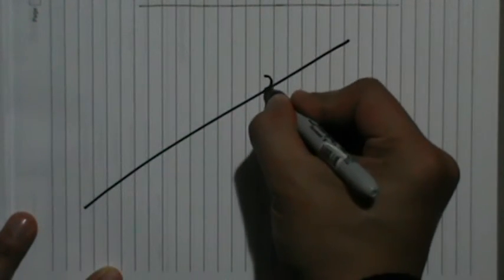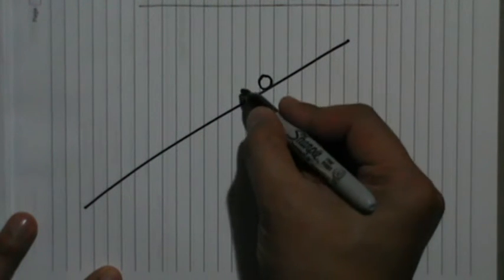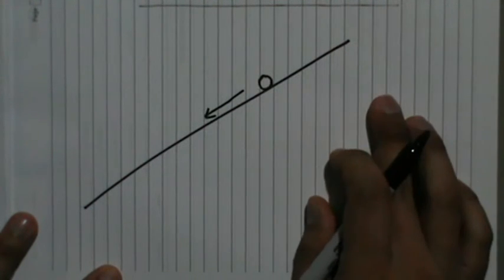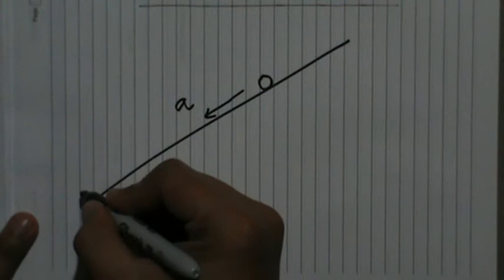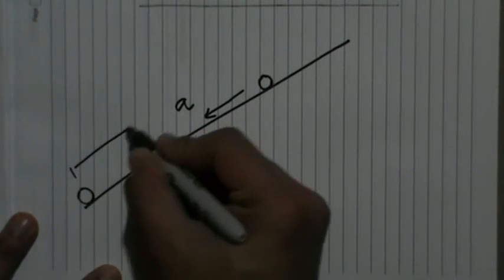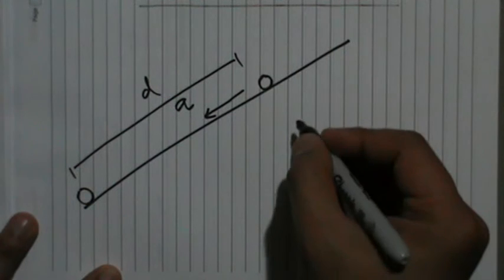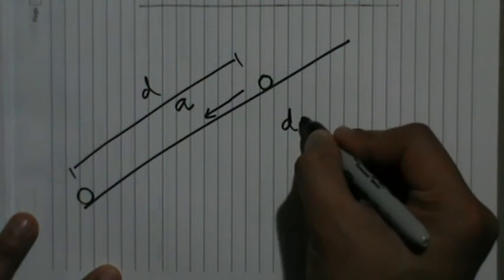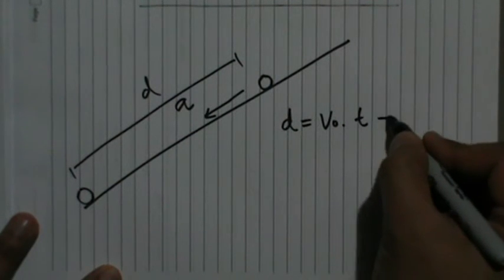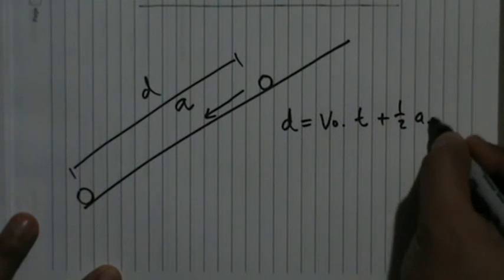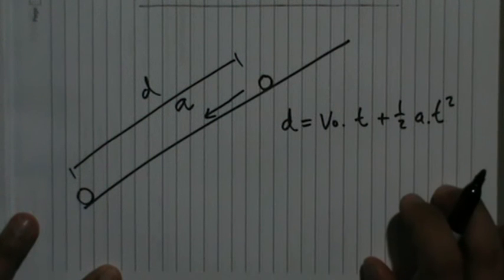So when Galileo dropped an object on the inclined track like this, you see that this object will get an acceleration a. And if we want to find the distance traveled, we can certainly use that the distance is v0 times t plus 1/2 times a times t squared.